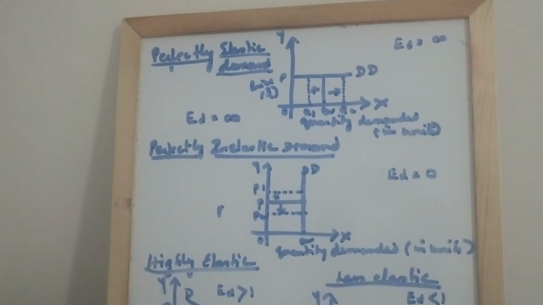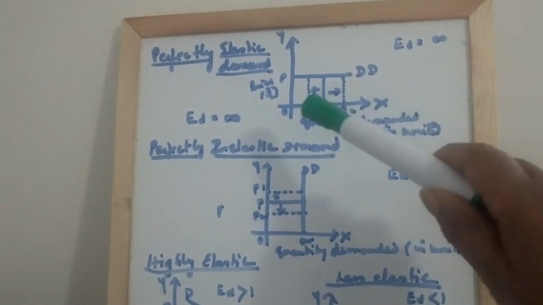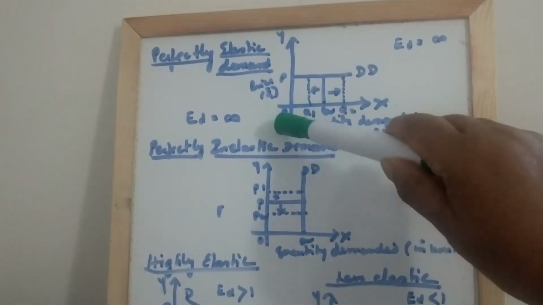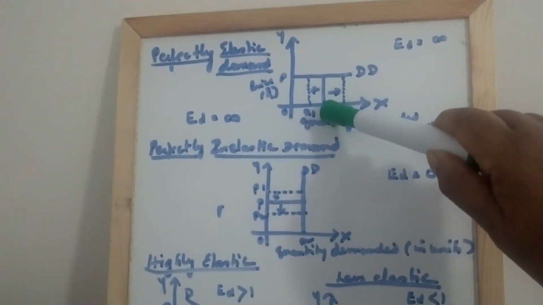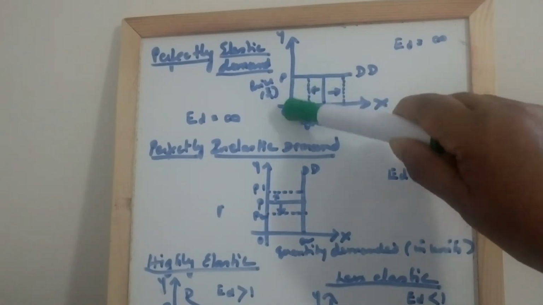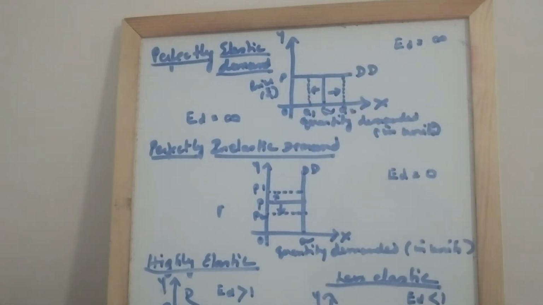When there is an infinite demand at a particular price and demand becomes zero with a slight rise in price, the demand for such a commodity is said to be perfectly elastic. Here you find price and quantity demanded. OQ is the original demand, and the demand reduces to OQ1 and increases to OQ2.